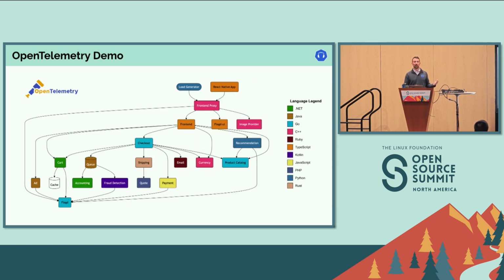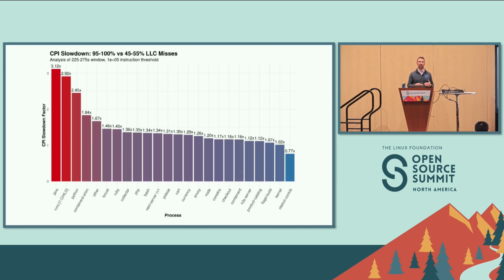To find out, we rolled out the OpenTelemetry demo. This is a demo system that has around 20 different components written in 11 different programming languages. And we deployed this onto a server and load tested it, ran a lot of load onto it, kind of medium to high load. And we found that indeed there are slowdowns.